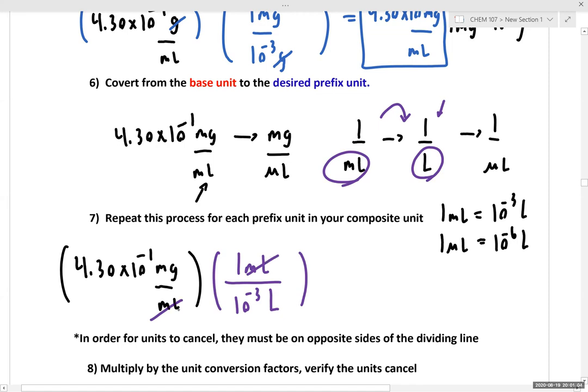Notice how in this setup, the milliliters are on opposite sides of our dividing line and they cancel. And we're left with liters on the bottom. Does that make sense to everyone? You place your units in the solution map in the exact same spot in your conversion factor. Liters on the bottom, liters on the bottom.